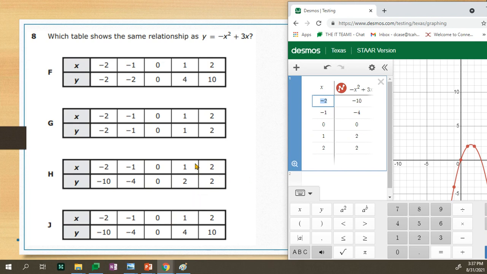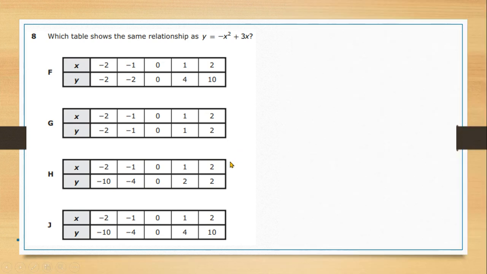Only one of our answers goes through 1, 2. It goes through 2, 2. This one goes through 2, 2. And it goes through negative 1, 4, and negative 2, negative 10. It looks very much like H is the correct answer. So I'm going to go back and I'm going to select H.